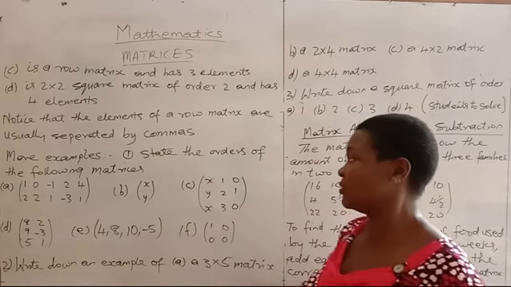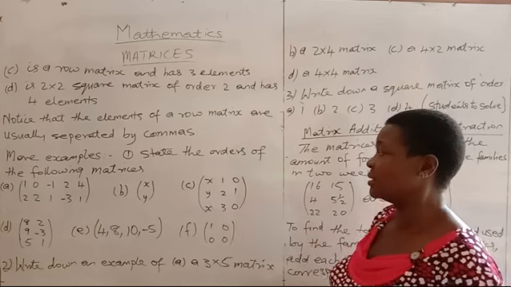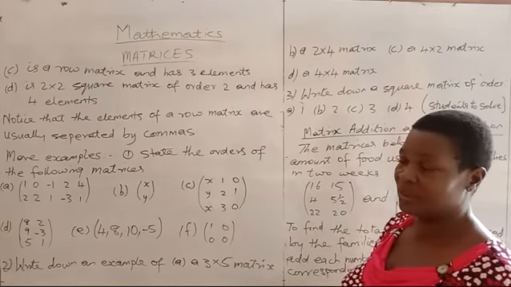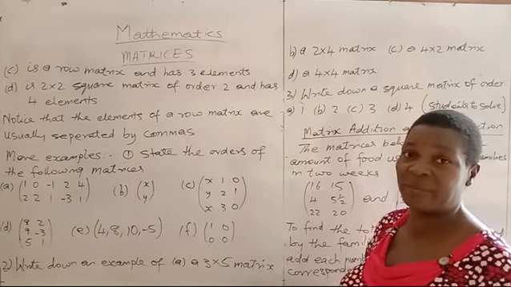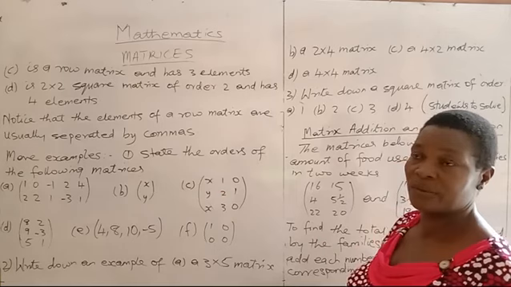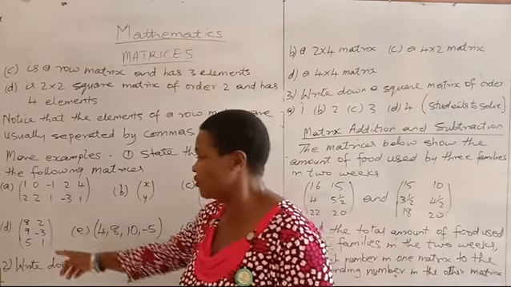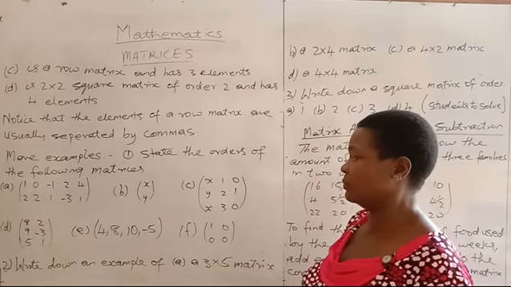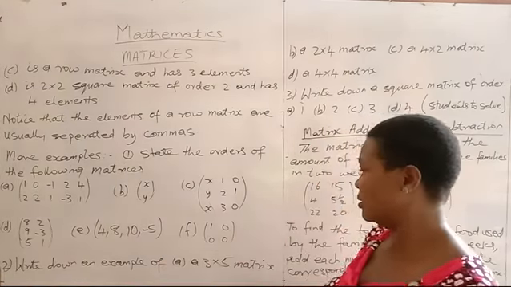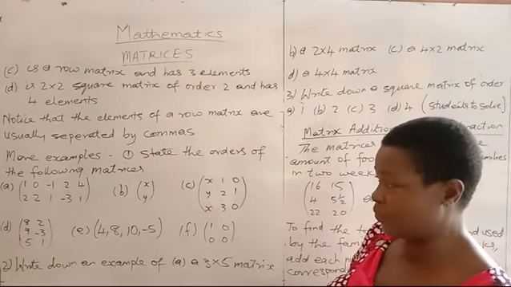This is a column matrix of order 1. This is a 3 by 3 matrix. In other words, it is called a square matrix because it has 3 columns and 3 rows. This is a 3 by 2 matrix and this is a row matrix. This is another square matrix of order 2.